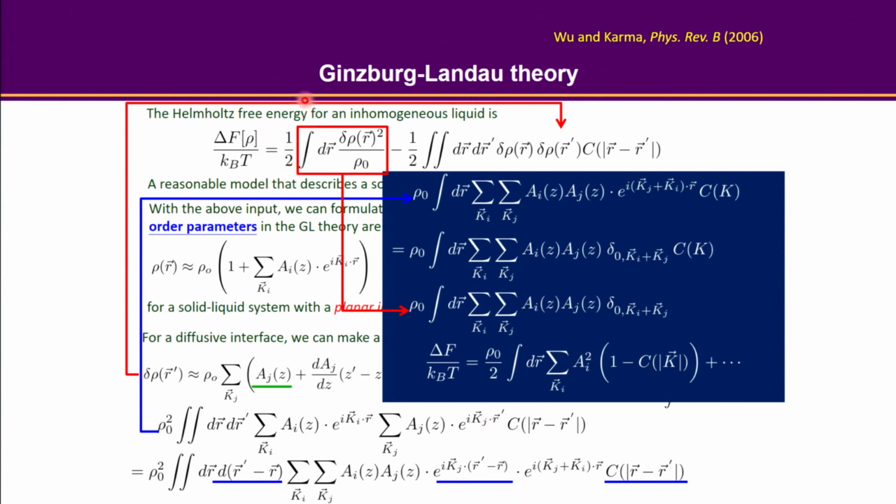I have this 1 over 2 here and times the rho naught prefactor. And I have the structure saying that K_i has to be K_j, so they are the same. I have i equal to minus j. They are a common quantity. So I have this a_i squared. That's it. And instead of doing a double sum, because K_i plus K_j has to be 0, it becomes a single sum. Right? And here I just combine the coefficient 1 from here, and here is minus c(K) from here.